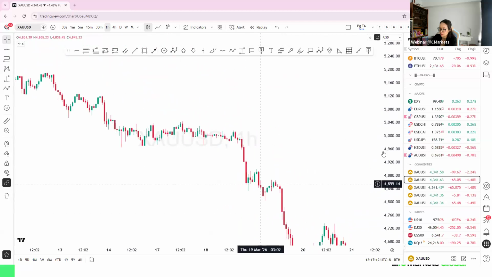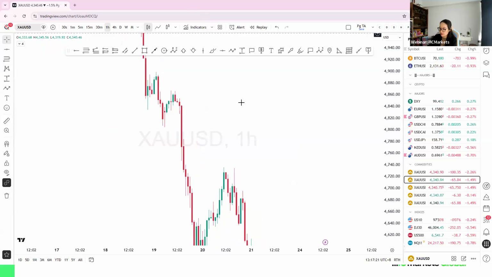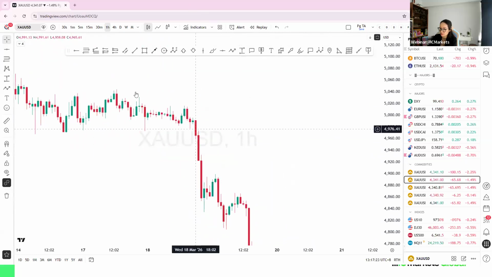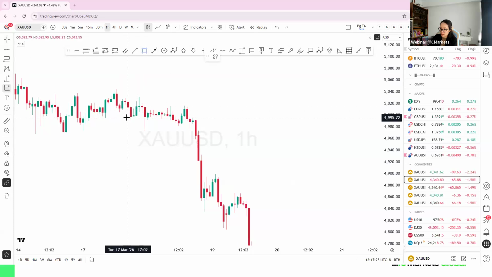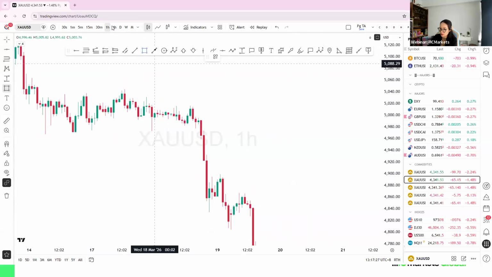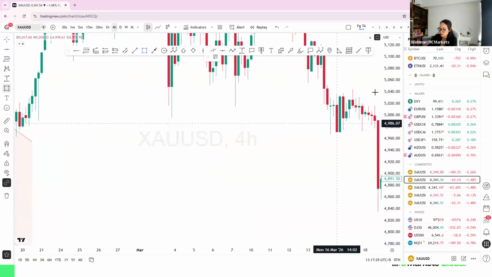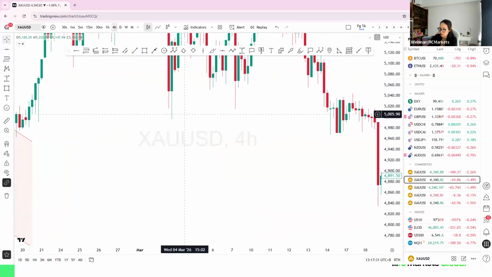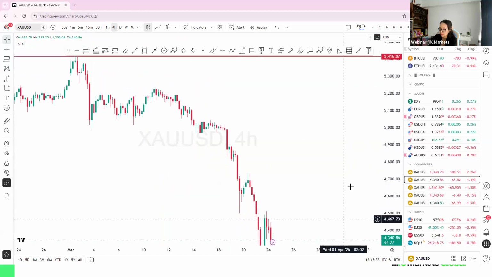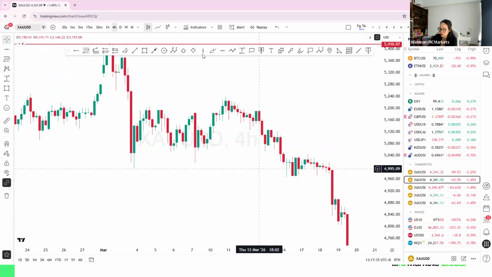Being sideways, which is where, remember, gold, they are being sideways before they make the breakout in H4. Okay, it was here, right?